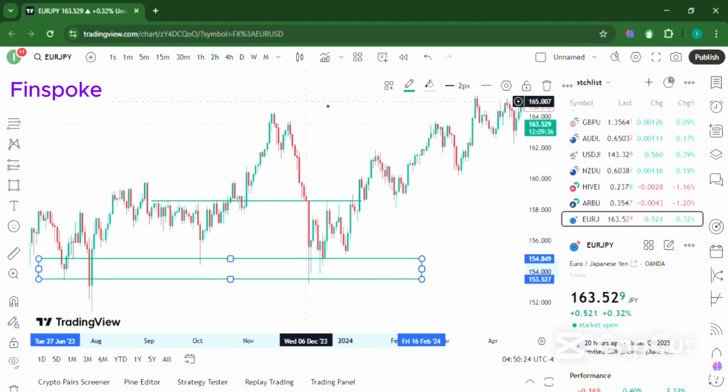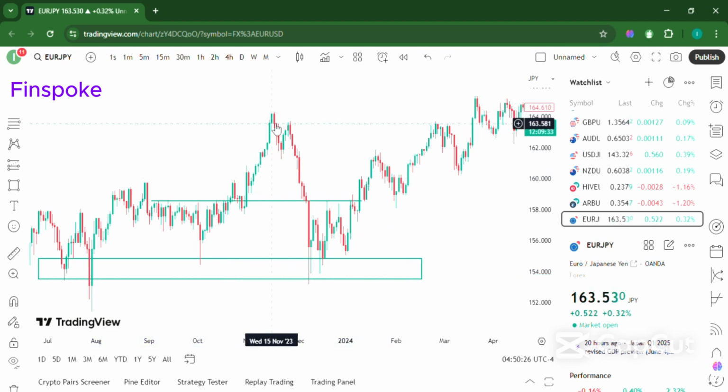Then it also came up and gave us another chart pattern. This is one of the commonest chart patterns we know in price action, the double top. Don't come and tell me this is not a double top, that a double top mustn't be like this.